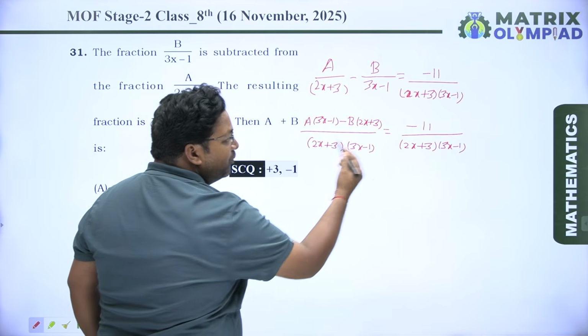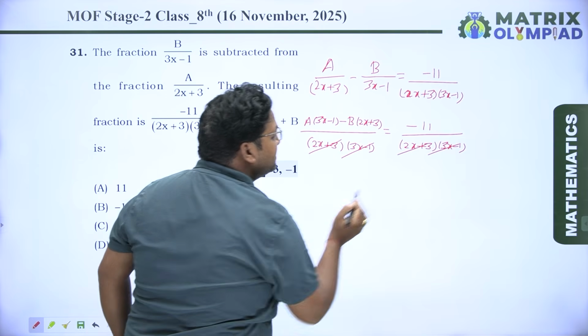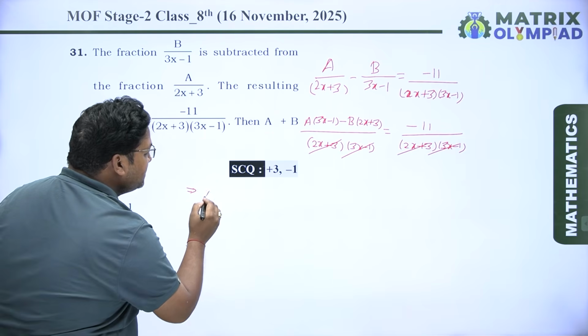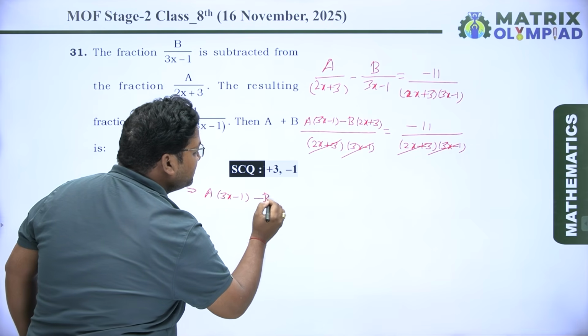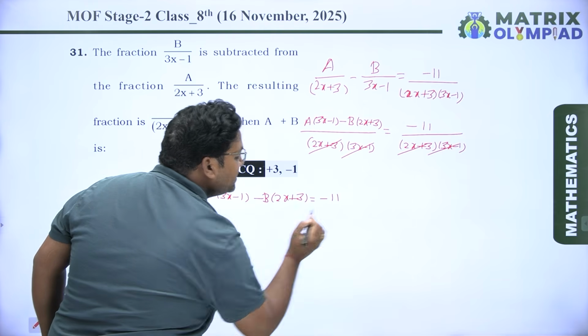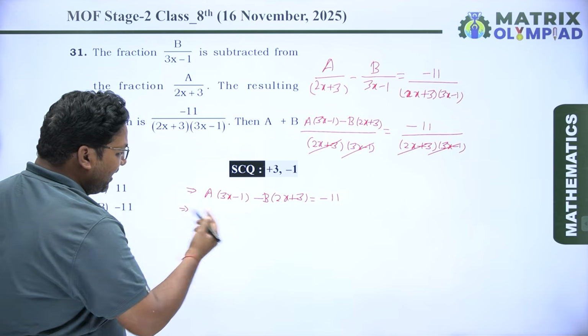Here you can see both denominators are same. So these denominators are cancelled out. So the resulting equation is a into 3x minus 1 minus b into 2x plus 3, which is equal to minus 11.